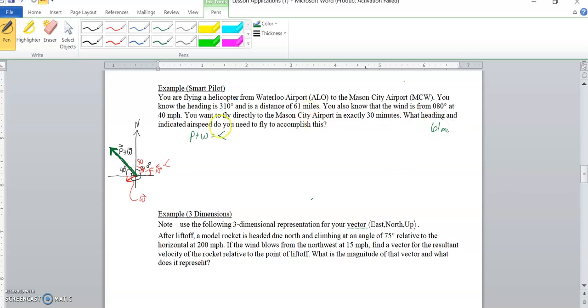And it says we want to fly directly there in exactly 30 minutes, which is 1/2 of an hour. So 61 miles in a half hour is 122 miles per hour. So that's the magnitude of the plane plus the wind pushing or pulling it: it needs to be 122. That's our magnitude of P plus W.